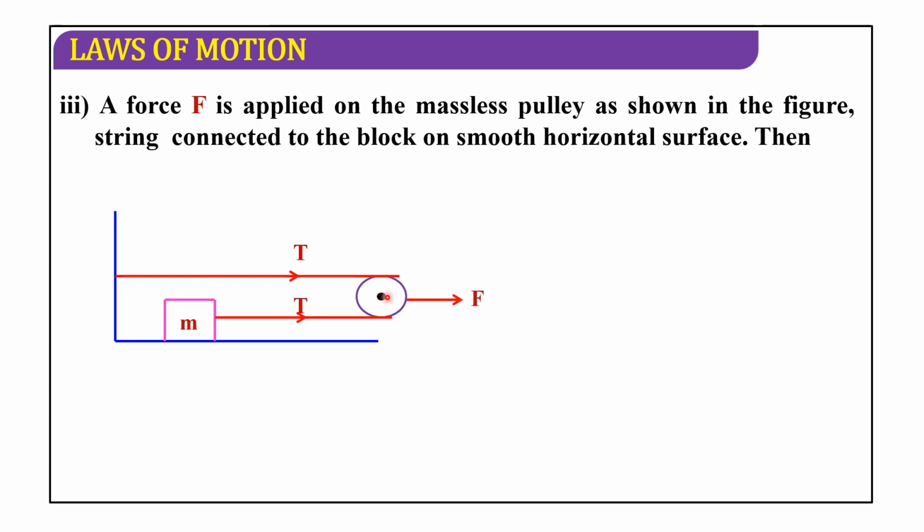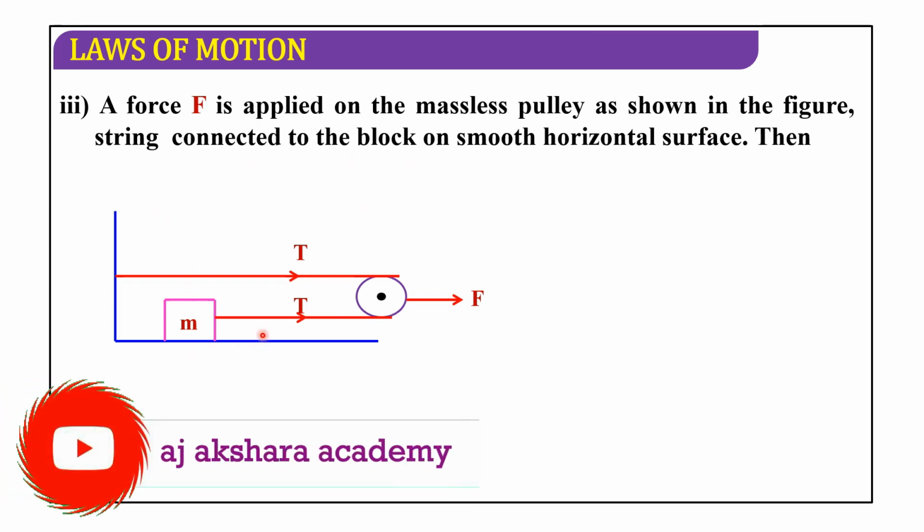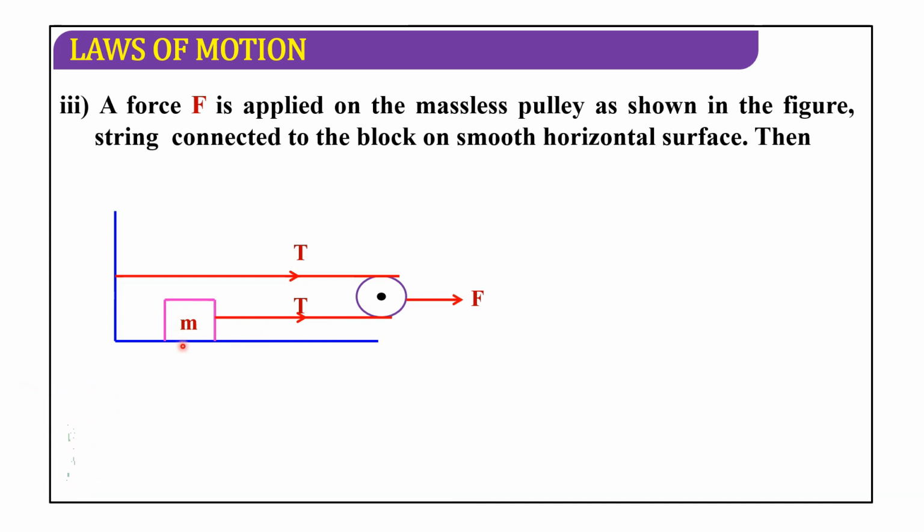A force F is applied on the massless pulley. Here this is the pulley as shown in the figure. String connected to the block. This is the block of mass M which is placed on the smooth horizontal surface.